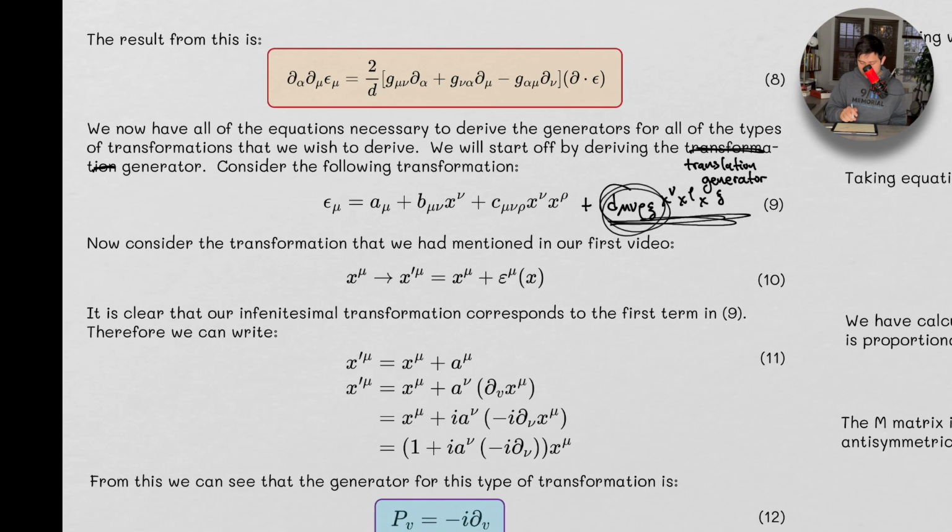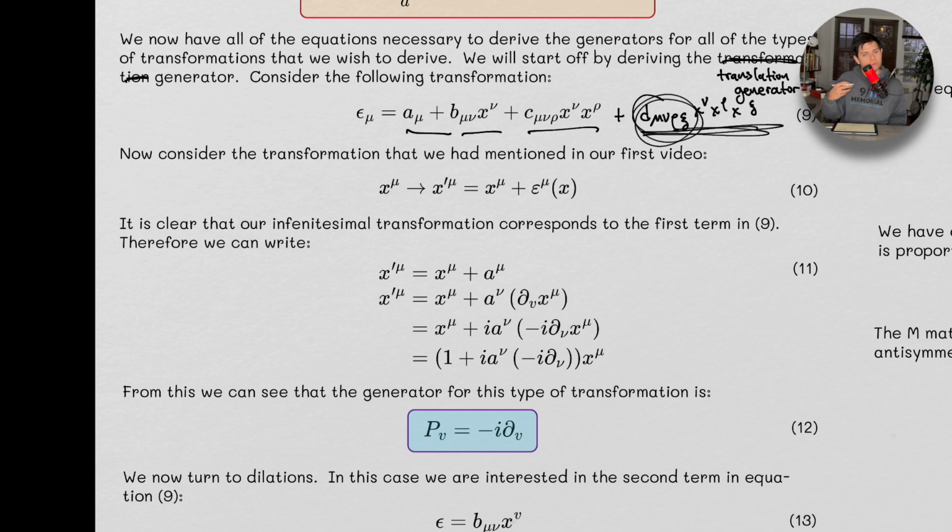We're primarily just interested in these first 3 contributions to our transformation. These are components of our transformation: rotational components, dilational components, translational components, and then the special conformal components. But let's start off with the translation.